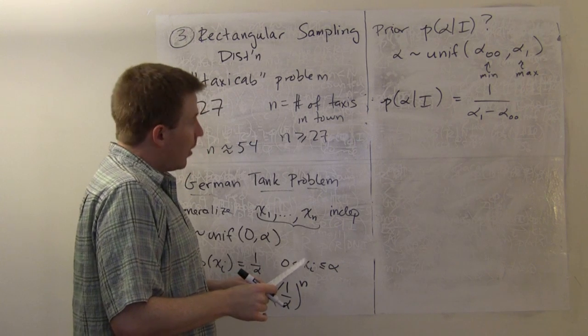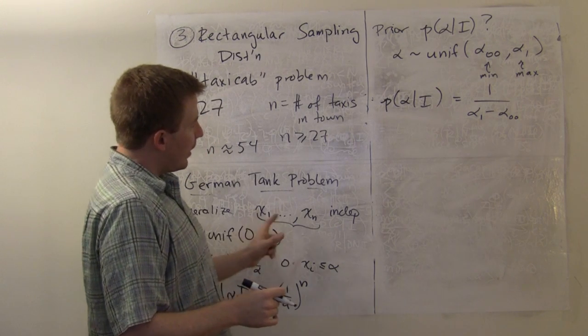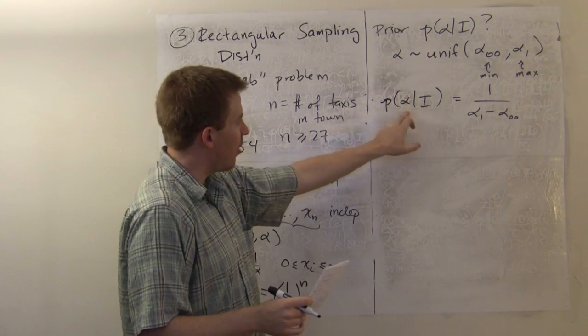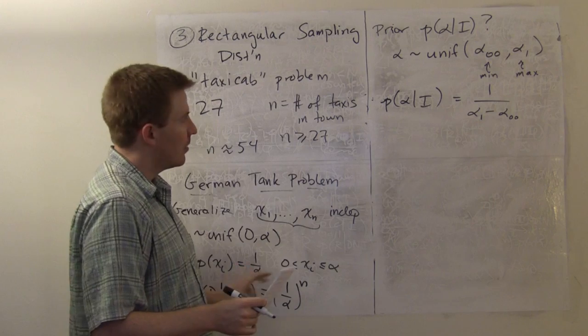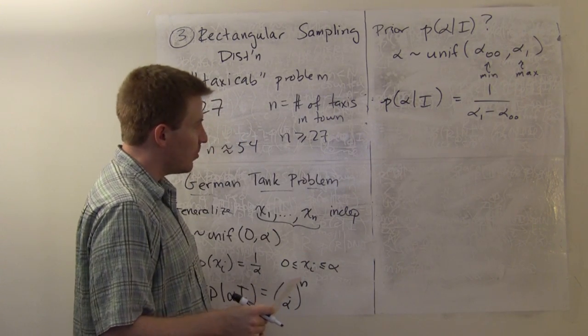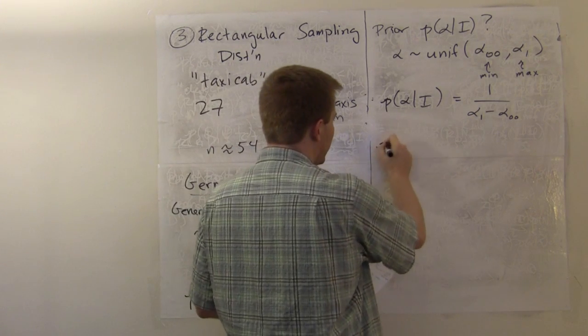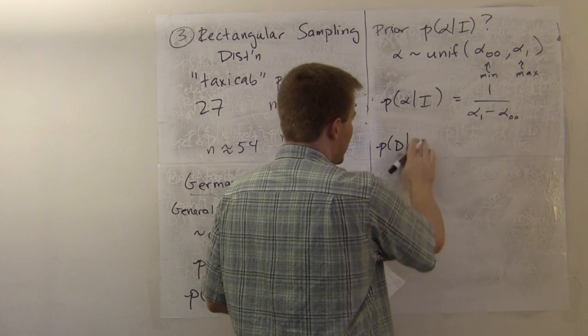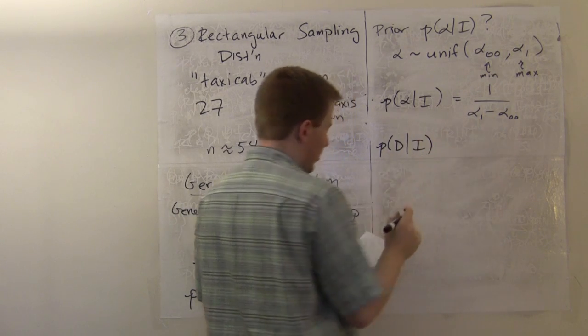Okay, so we want to get to a posterior probability assignment for alpha conditional on the data. So we have our prior, we have our data sampling distribution here. We have to think about our total probability of the data, which is going to be the probability of D, now not conditional on a particular value of alpha.